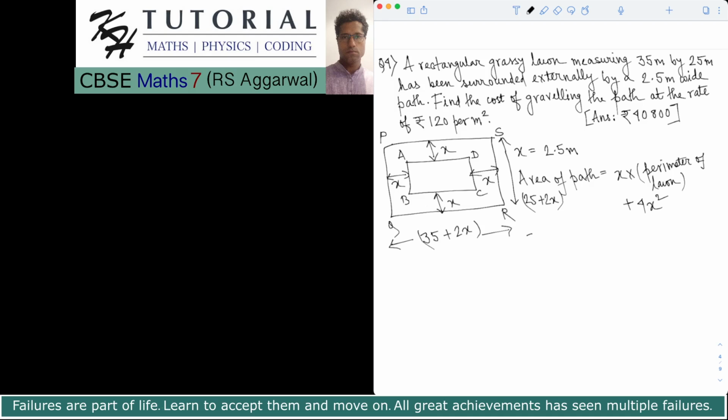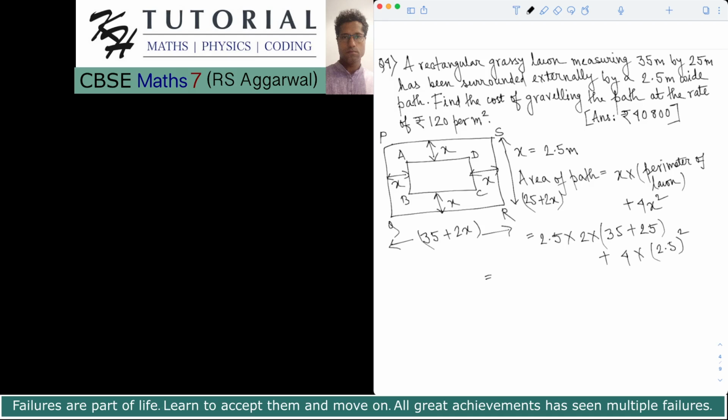So this is equal to x, which is 2.5, multiplied by the perimeter of the lawn, which will be 2 multiplied by length plus breadth, that is 35 plus 25, plus 4 multiplied by 2.5 square.